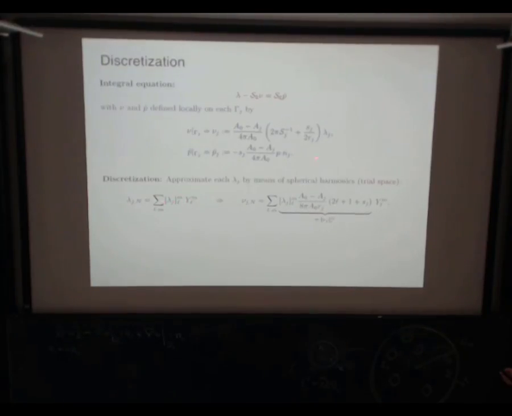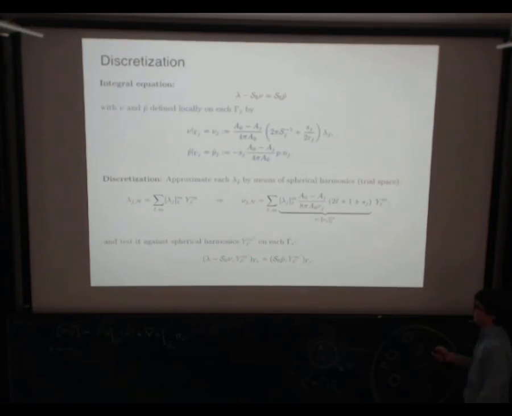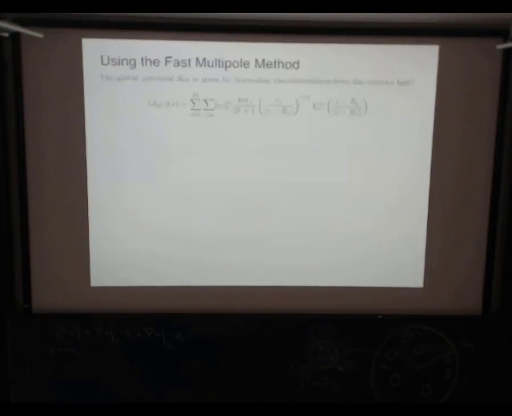And if you know the lambda j, because this is a local equation, you can immediately derive a function for the nu j here by just applying these few factors here. And then you can test this equation in the typical Galerkin framework. You take a test function, also spherical harmonics, and you test it on each of the spheres, and this gives you a linear set of equations that you would like to solve.